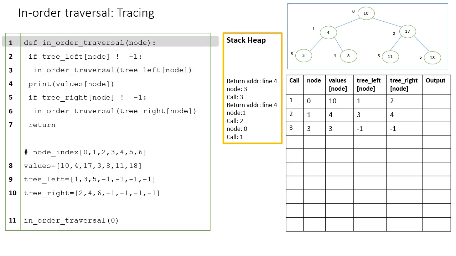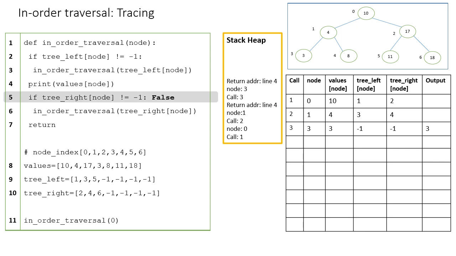Going into that call to that function, we check to see if the node doesn't equal -1, which is now false. So therefore, we do not execute line 3. We move to line 4 here, and we output the value of the node, which is 3.